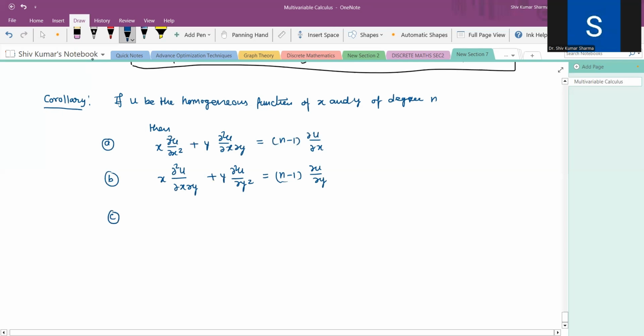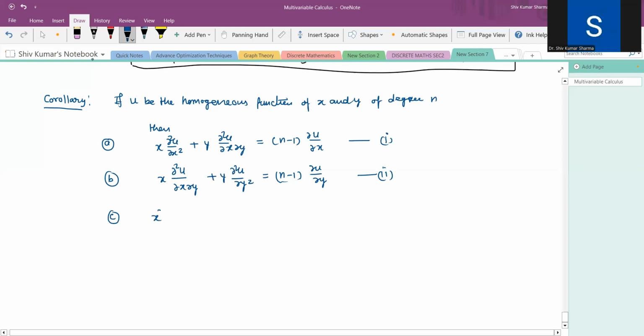And the third corollary: you can call this equation number first and this equation number second, and we add them by multiplying equation first with x and second with y and adding, so we get the third corollary.